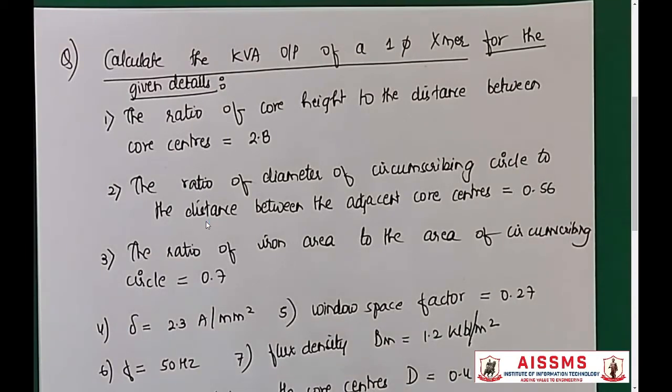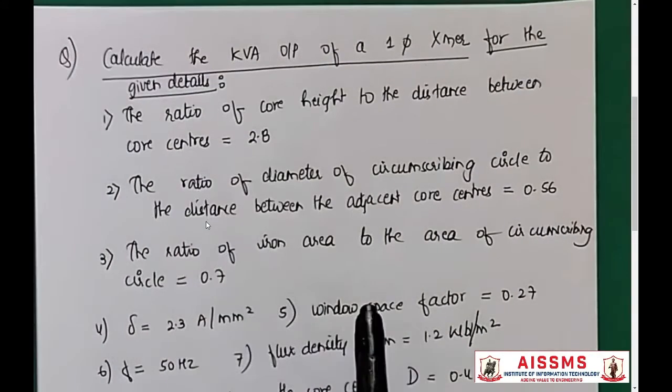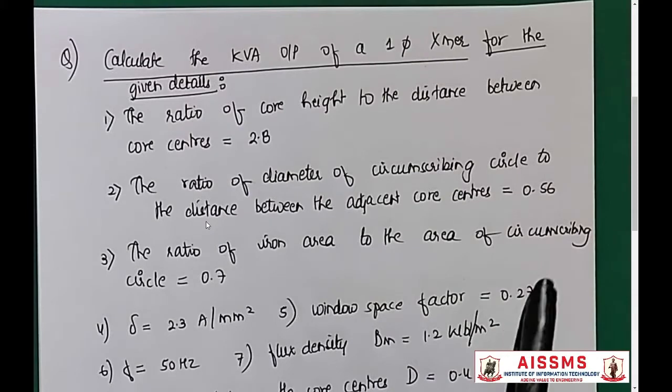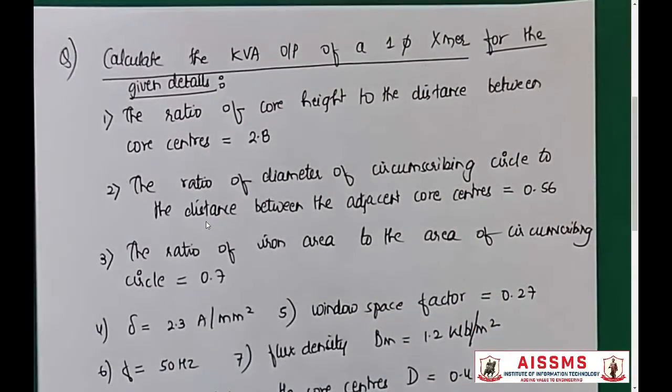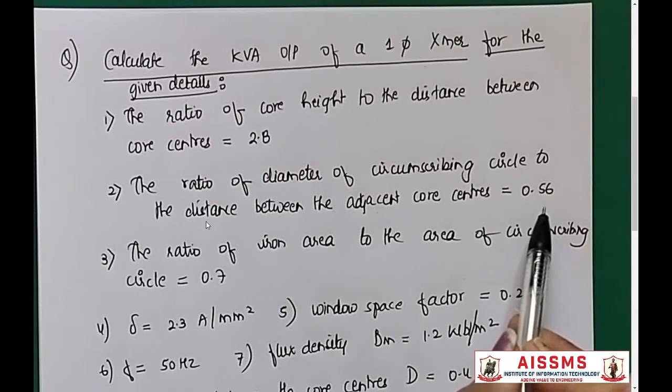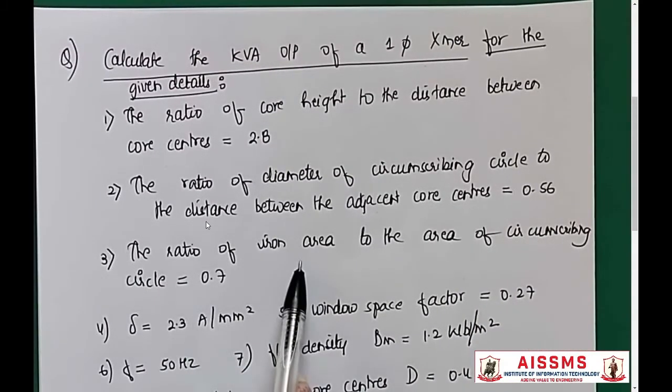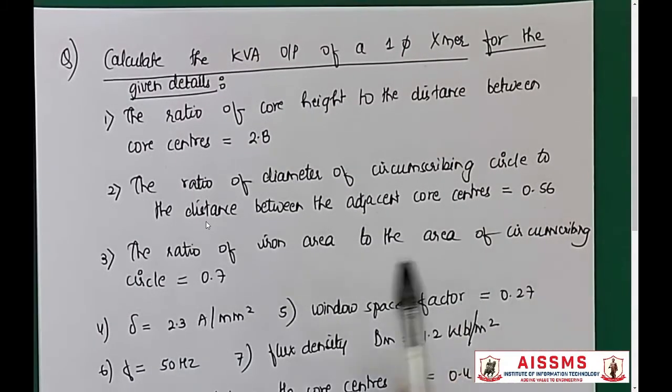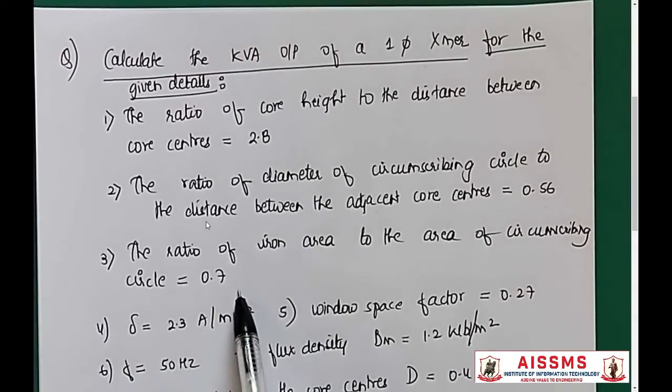The ratio of core height to the distance between the core centers is 2.8. Ratio of diameter of circumscribing circle to the distance between the adjacent core centers is 0.56. Ratio of iron area to the area of circumscribing circle is 0.7.